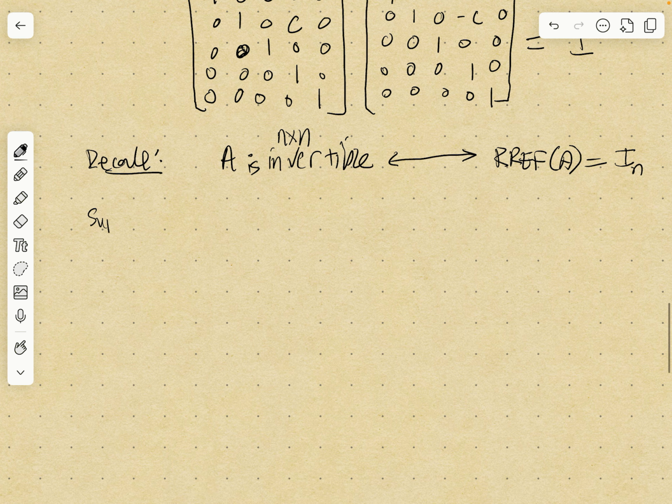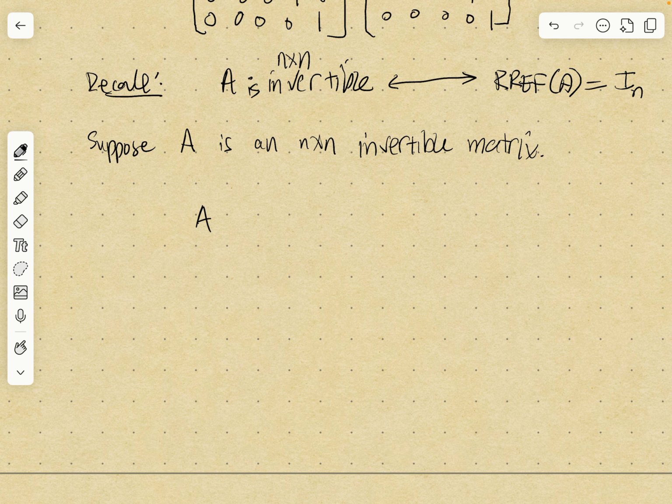So that's just the fact that hopefully you remember and understand why it's true. So suppose that A is an n by n invertible matrix. By what we just talked about, when you row reduce all the way to the reduced row echelon form, you're going to get the identity matrix.